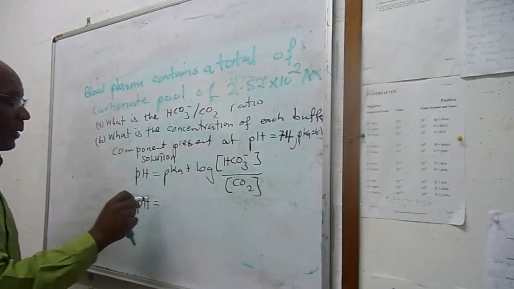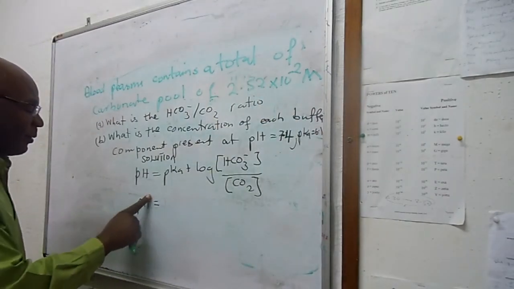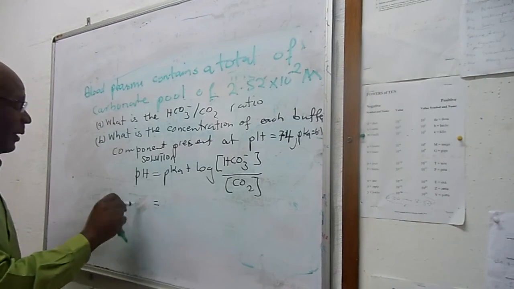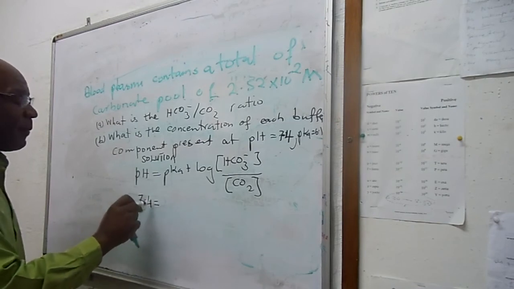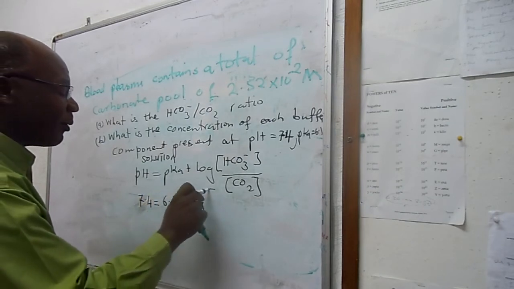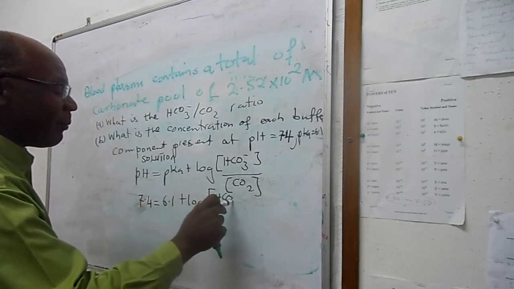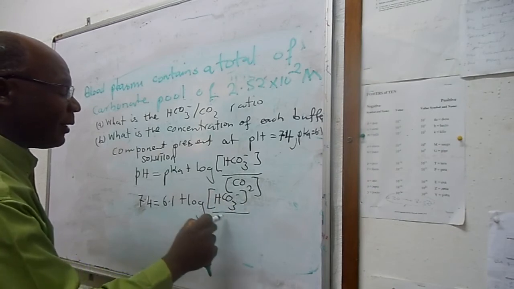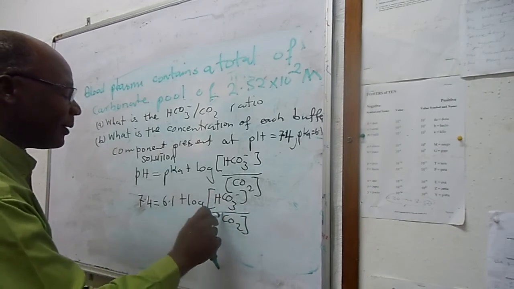Since we have been given the pH is 7.4, and pKa is 6.1, plus a log of the concentration of the bicarbonate ions over carbon dioxide.